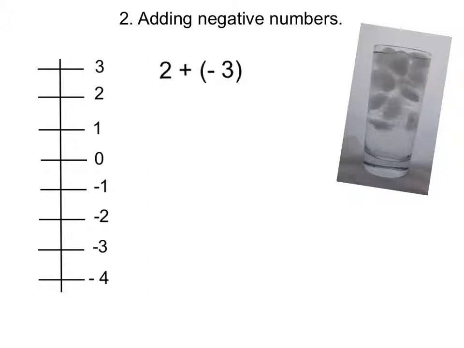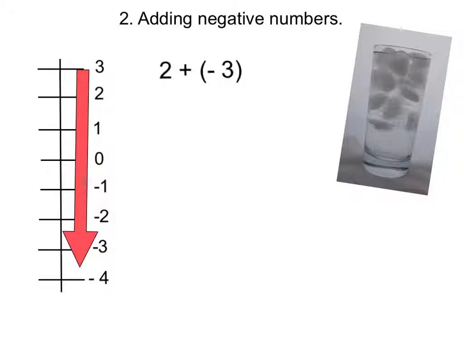Now we're going to look at what happens when we add a negative number. So here we have 2 add negative 3, and I put the negative number in brackets. Well, what happens here is you start on the 2 and you actually go down the number line. I like to think about this like when you add ice cubes to a glass of water.